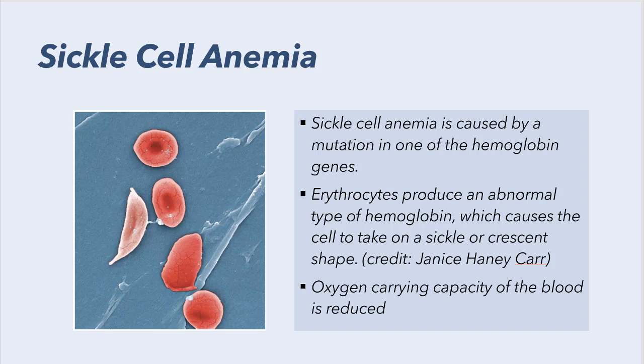In this specific state, the oxygen carrying capacity of blood goes down, and it's not as efficient delivering oxygen to cells. It also depends on how severe the disease is, and if a person has only 1 copy of the mutated gene or both copies. In order for a person to have sickle cell anemia, both copies need to have the mutated gene or allele to exhibit this disorder.